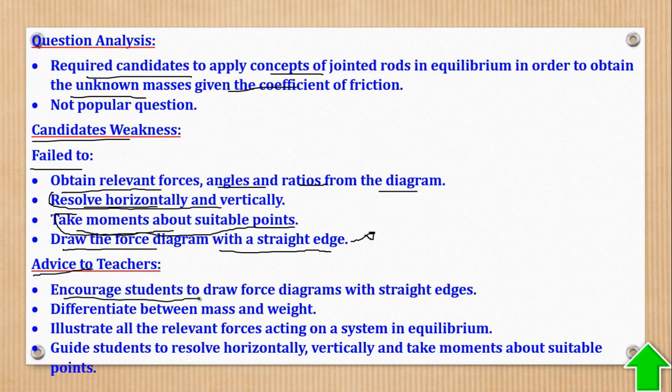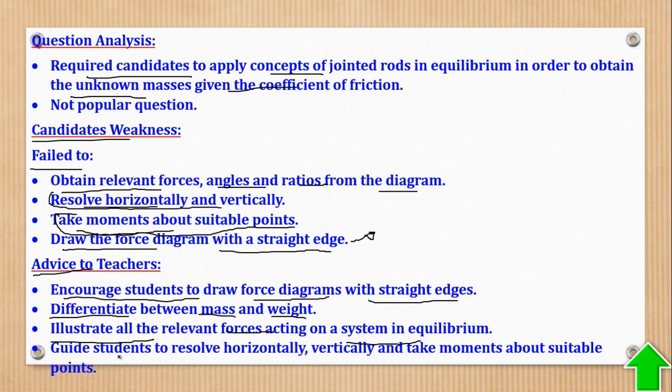Advise that teachers should encourage students to draw force diagrams using a ruler. Then also differentiate between mass and weight. Mass and weight are different. Mass, to get weight, we multiply mass times acceleration due to gravity. Then teachers should illustrate all the relevant forces acting on a system in equilibrium.